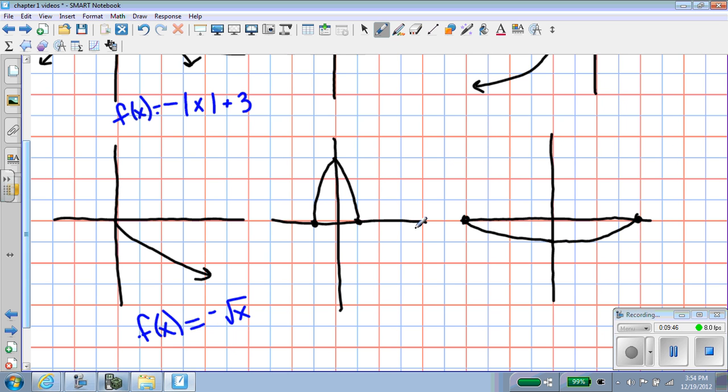These are examples of our square root of 1 minus x squared graph. So square root of 1 minus x squared would normally go like this. What we're seeing is that it is 3 tall instead of only 1 tall. So it's like amplitude, 3 times the square root of 1 minus x squared.